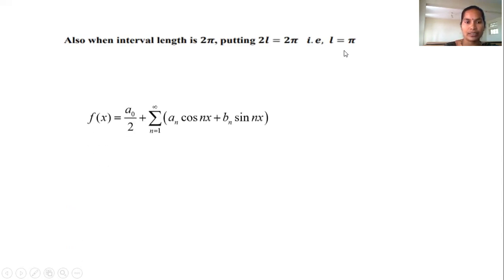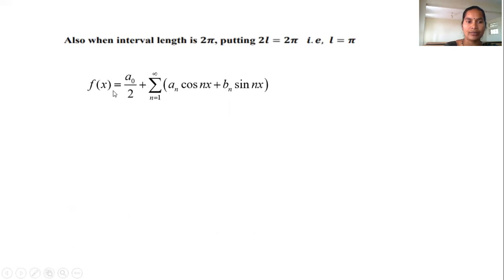With this, the formula will be f of x equals a naught by 2 plus summation n from 1 to infinity of an cos n pi x by L. As L becomes pi, it gets cancelled, so it reduces to an cos nx plus bn sin nx. This is for the interval 0 to 2 pi.